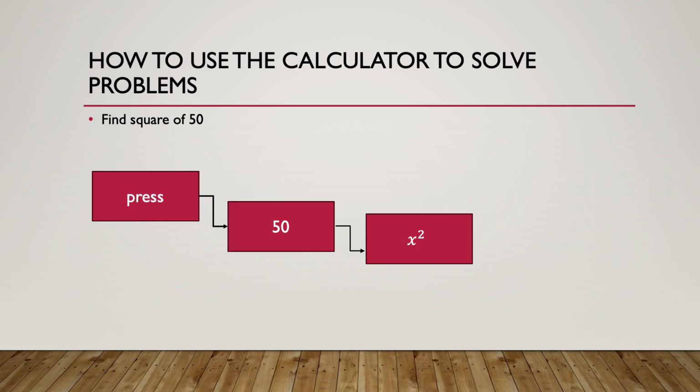In a calculator we use this button. You press that button, then enter, then you can get the number. Okay, so square means 2 times, every time.